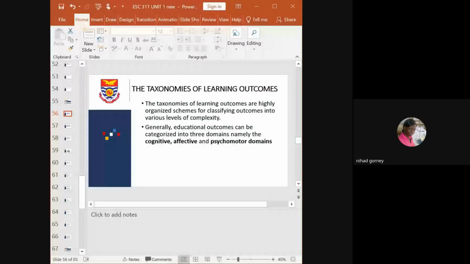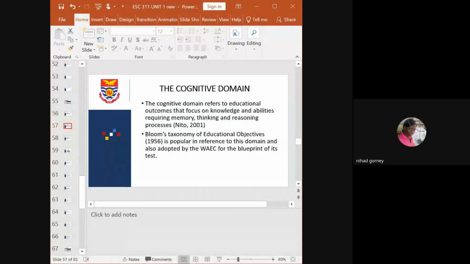So we have organized various schemes for classifying the outcomes of education, the end product of our education, into various levels of how complex they are. Generally, we have categorized these into three different domains: the cognitive, the affective, and the psychomotor.